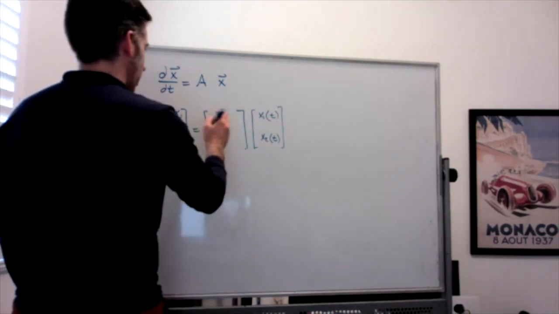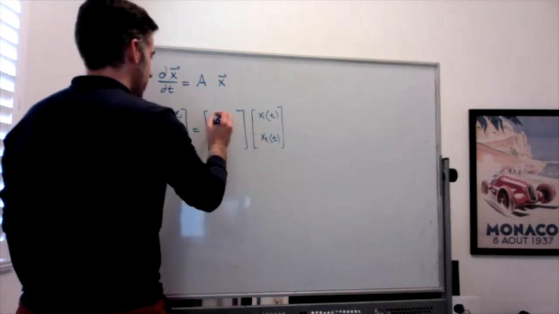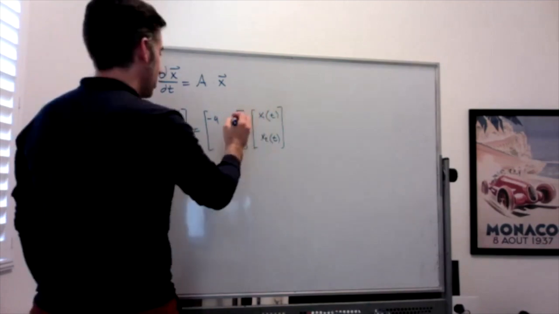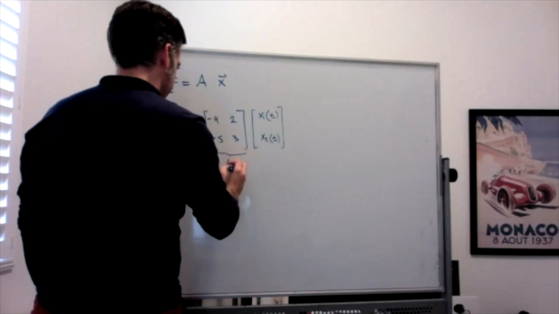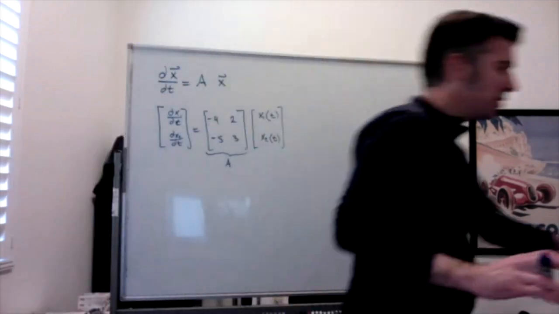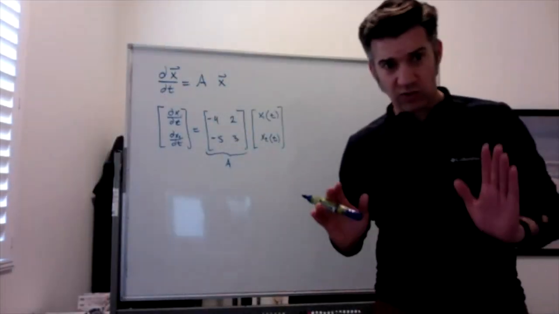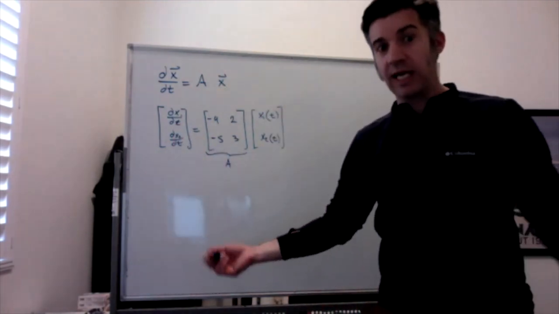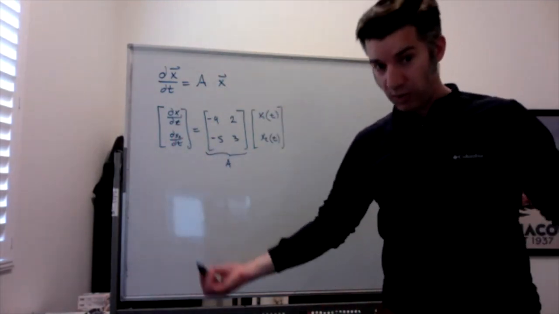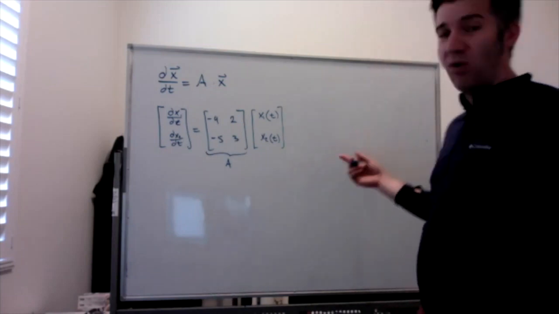So let's say our matrix here is -4, 2, -5, 3. All right, here's what I want to make sure everyone is super extra clear on. We're using this notation to write a system of linear differential equations because we don't want to write it the other way.